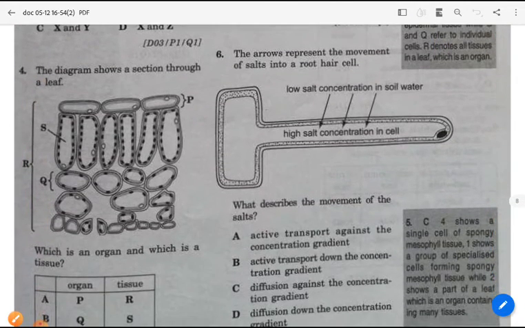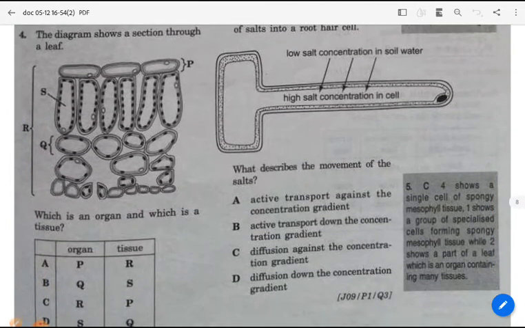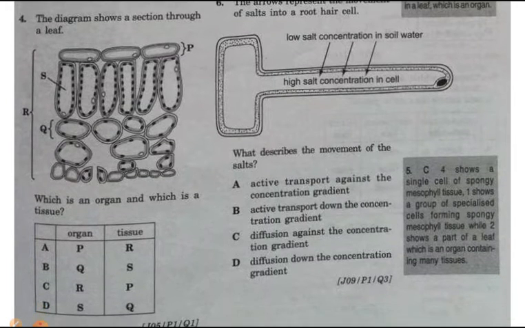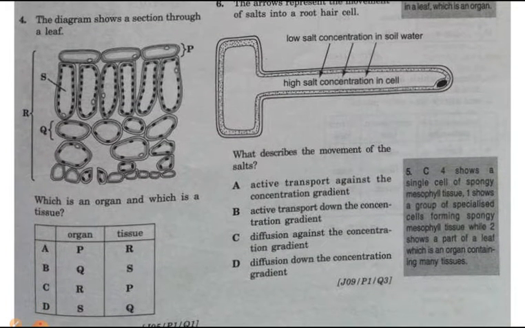Now what about our next question? The next question is, the diagram shows a section through a leaf. Which is an organ and which is a tissue? Now if we look at the labels, there are 4 labels: P, Q, R and S. First we have to identify these labeled structures.